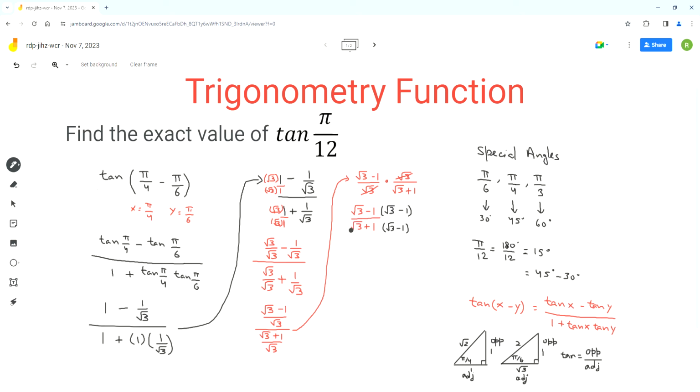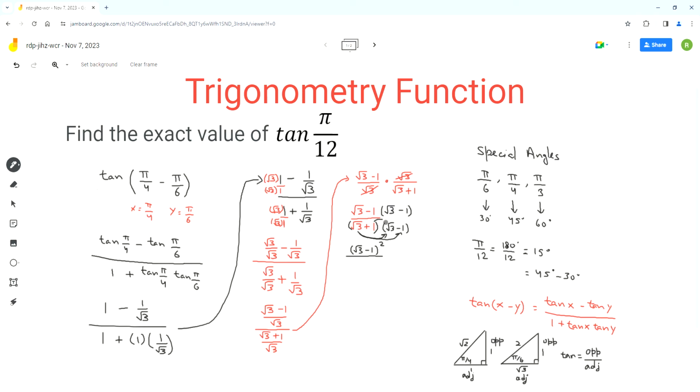We have to combine these terms in the numerator. So basically we get square root of 3 minus 1 squared, because the same terms with the same sign, over, now in the denominator, in order to combine them, we can do FOIL. So we can distribute the terms.